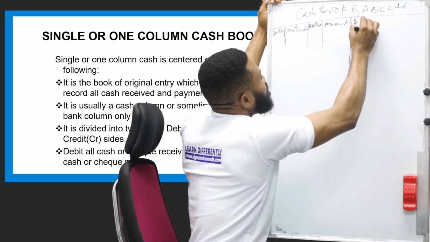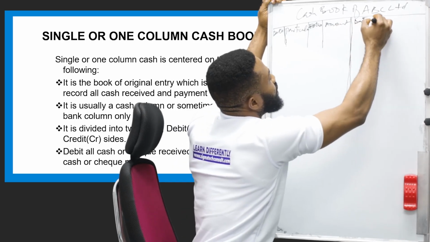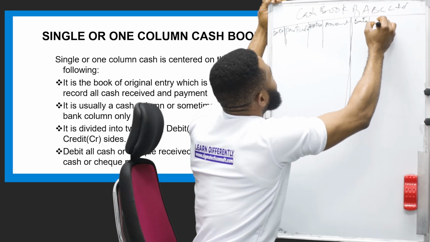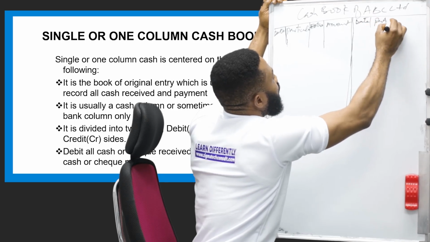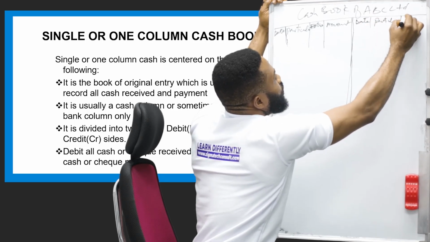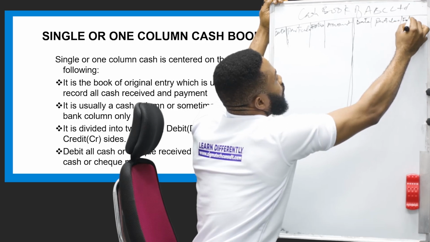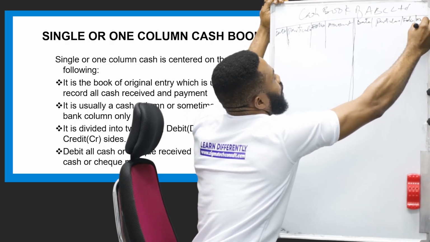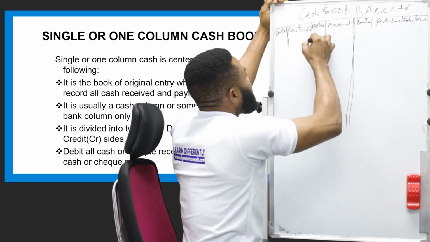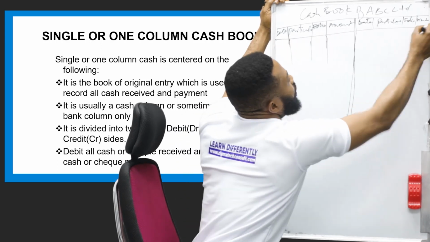And that will be repeated here: date, particulars, folio, and then amount. This will be explained further.